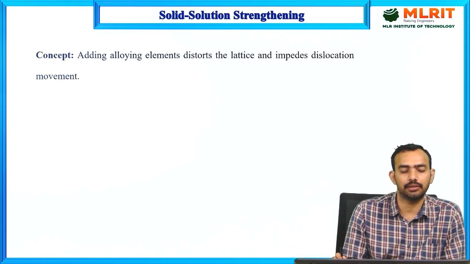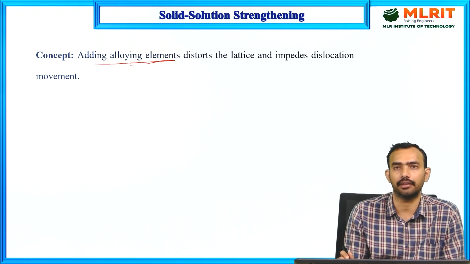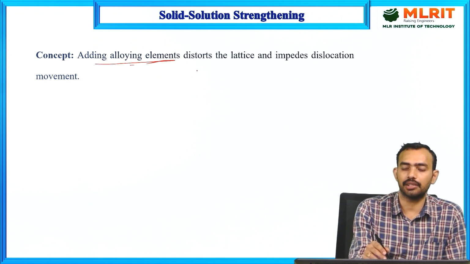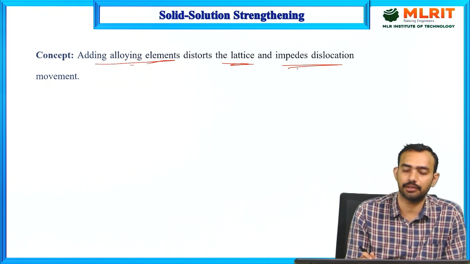Then comes the next mechanism, that is solid solution strengthening. So what do we do here? We will be adding alloying elements that distort the entire lattice and impede the dislocation movement.